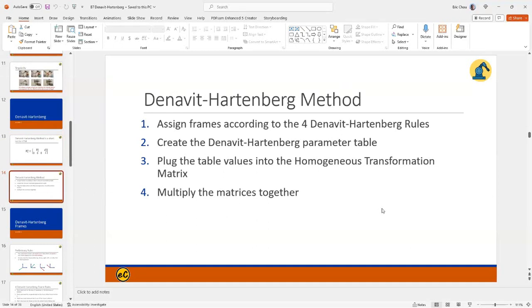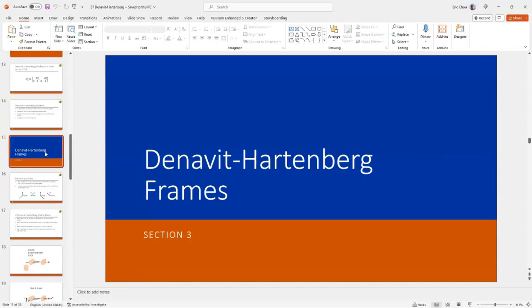These are very important rules. 1, assign frames according to the Denavit-Hartenberg rules. 2, create a Denavit-Hartenberg parametric table. 3, plug those table values into the homogeneous transform matrix, and 4, multiply the matrices together to form the total model for the robot.